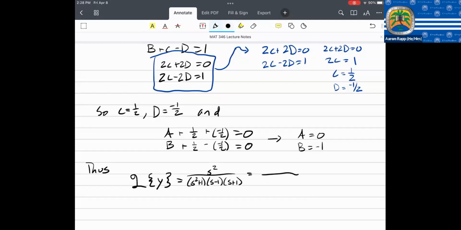So we just said we could break this up into the addition of 3 different fractions. Something over s² plus 1, plus something over s minus 1, plus another something over s plus 1.